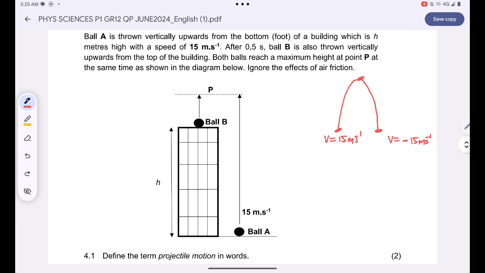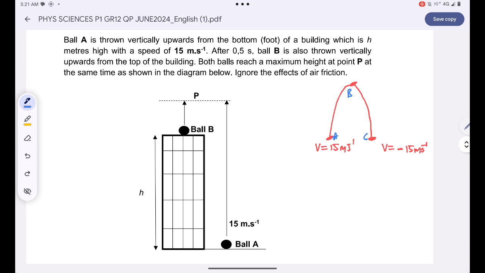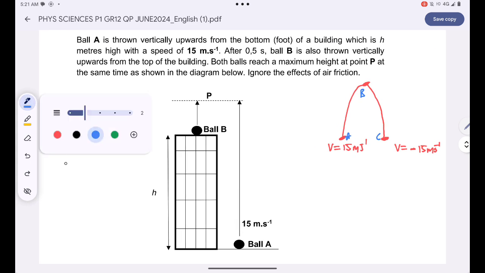So we can call this position A, position B, and position C. A is the initial point of projection, B is when the ball reaches maximum height, and then C is when the ball returns to the initial point of projection. I know that the velocity of the ball at maximum height is always equal to 0 meters per second.